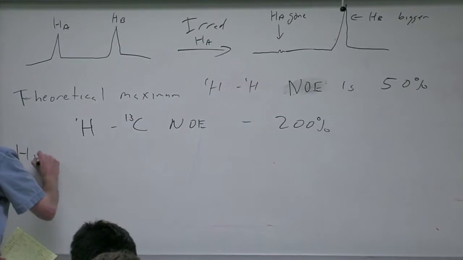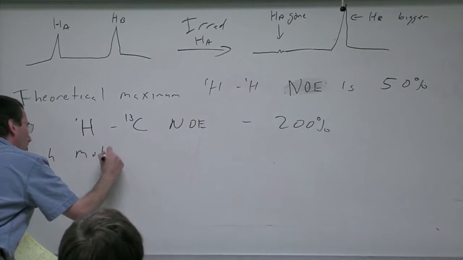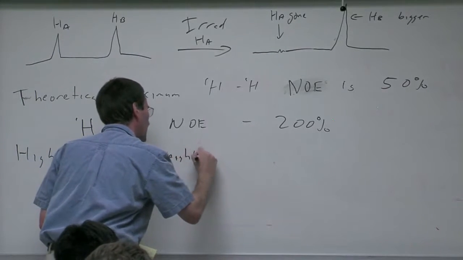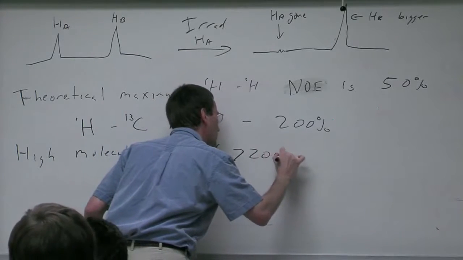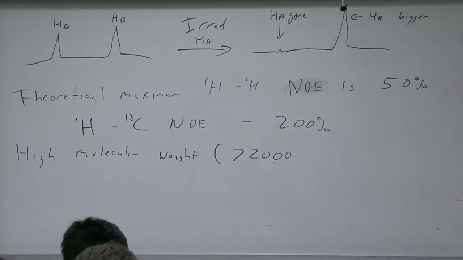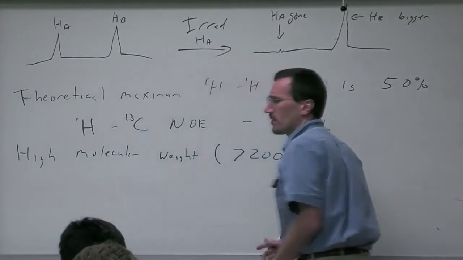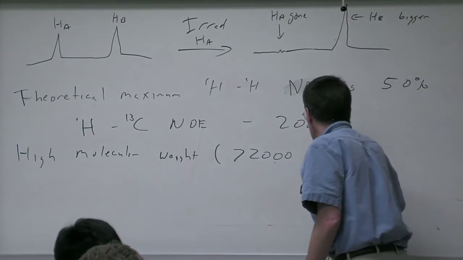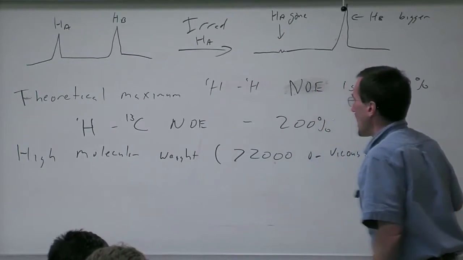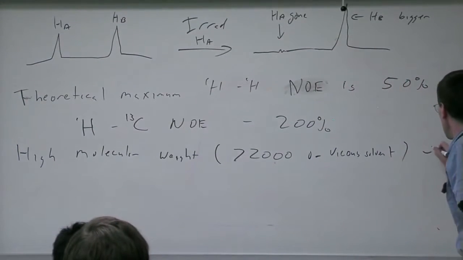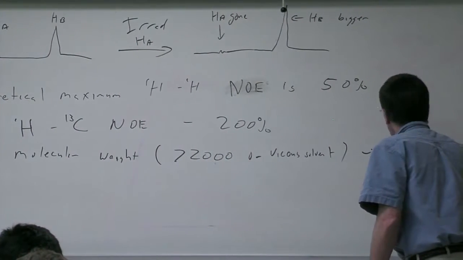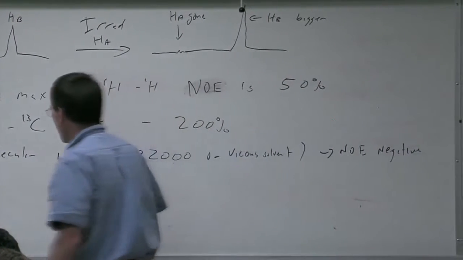So high molecular weight molecules, so we're talking typically, let's say, greater than 2,000, and these numbers aren't carved in stone, or if you slow down the tumbling by a viscous solvent, then your NOE is actually negative. And the theoretical maximum is negative 100%.